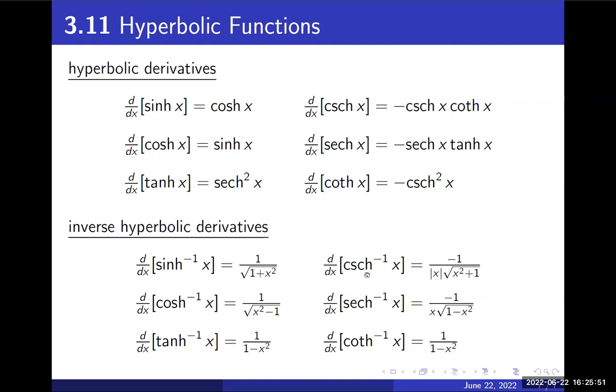These guys, oh man, inverse csch x, -1 over the absolute value of x times the square root of x squared plus 1. And inverse sech x, also negative, not an absolute value, just x times the square root of 1 minus x squared. You kind of see a connection between this square root and this square root. And then here you're subtracting. Now you switch the places, but okay. And then finally notice the inverse coth x derivative is 1 over 1 minus x squared.